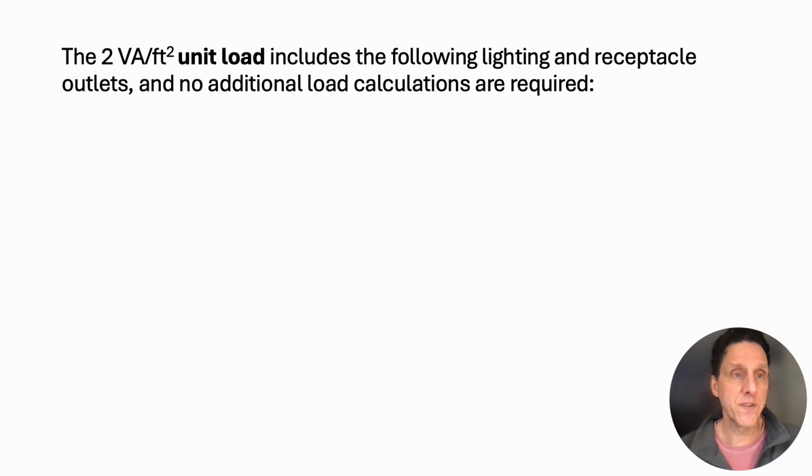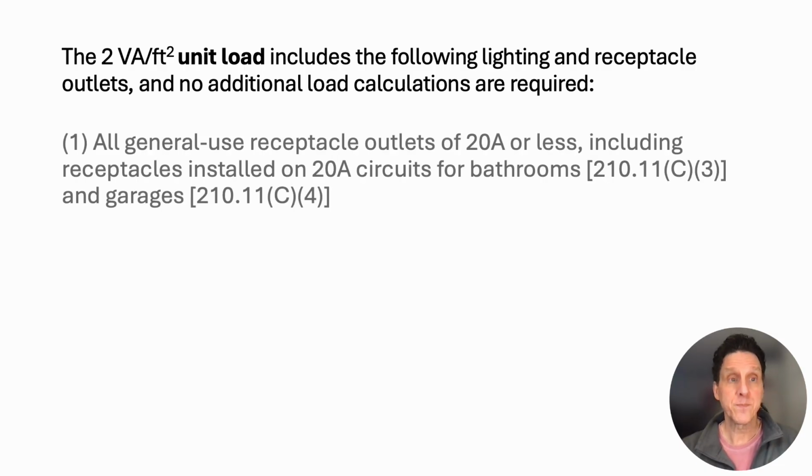Now, what's included in this now 2 volt-amps per square foot unit load? It includes the following lighting and receptacle outlets. So it's not just for lighting. This 2 volt-amps per square foot does include certain receptacle outlets. No additional load calculations are needed. Everything's built into the 2 volt-amps per square foot calculation.